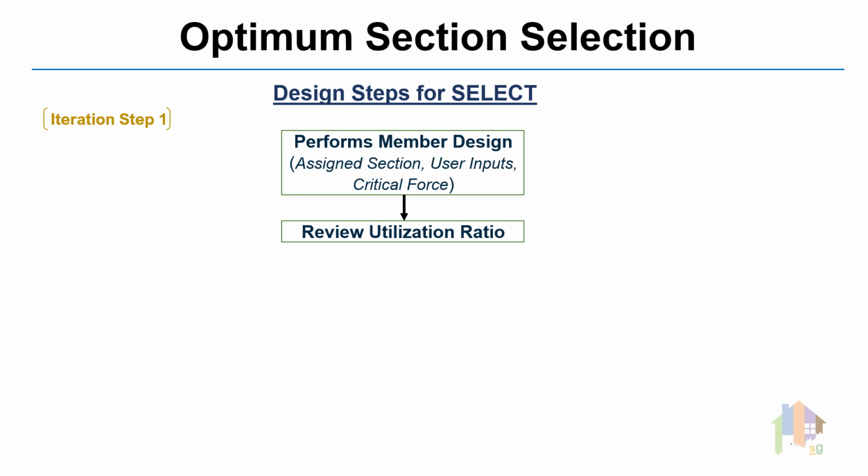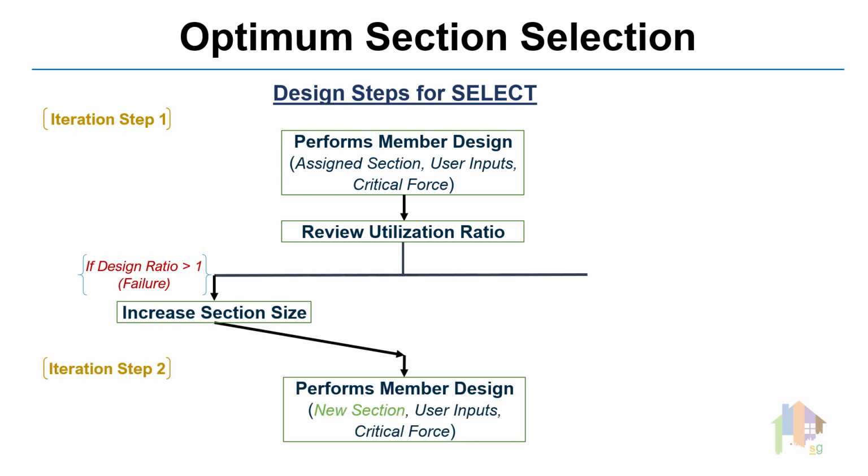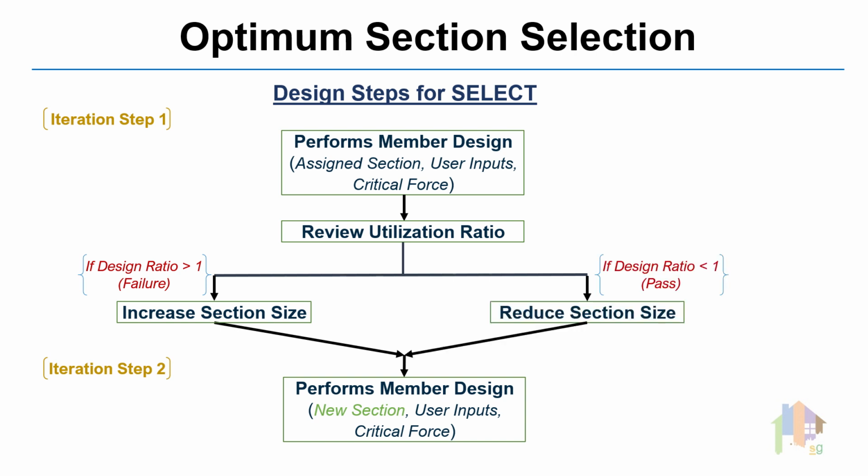In the next step, the program reviews the utilization ratio. If it is greater than the allowable ratio, then the program selects another heavier section from the section property table and once again performs the design. If the utilization ratio is very small, then the program reduces the section size, selects a lighter section and redesigns to find out the modified ratio.